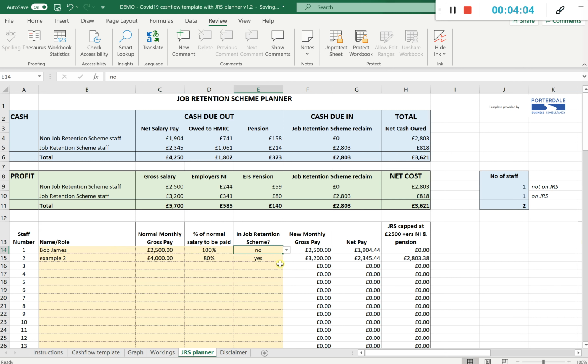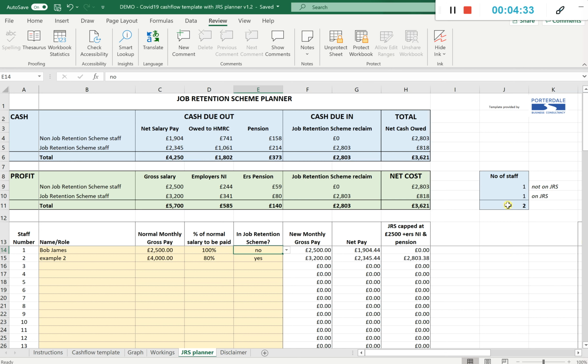And if you notice on the amounts above, the totals in this case don't change. So for instance, the 4250 net salary pay doesn't change, but how that's split between the non-scheme staff and scheme staff does, as does the amount due back from the job retention scheme.